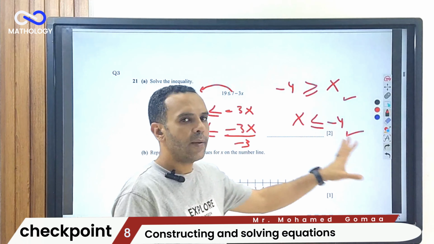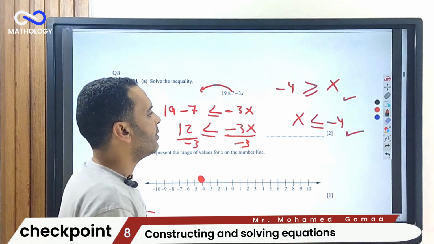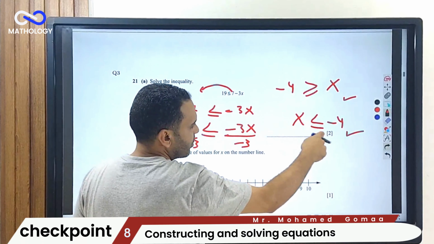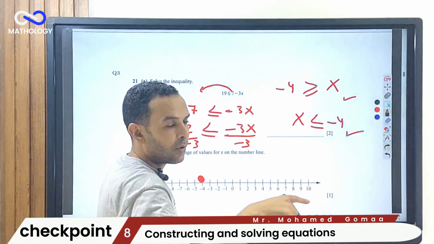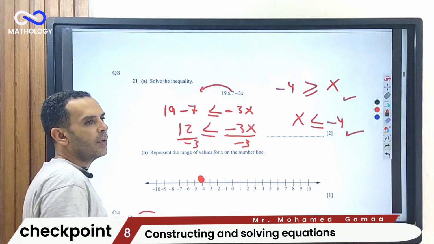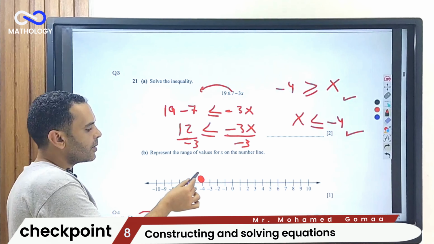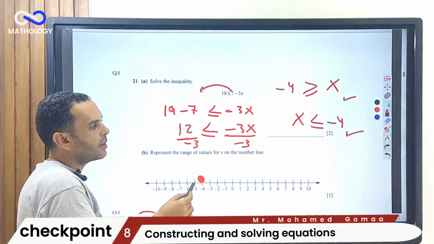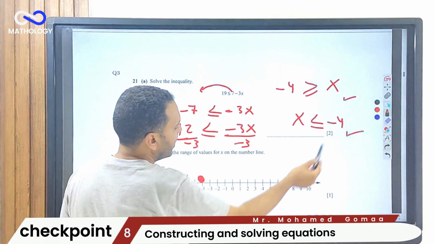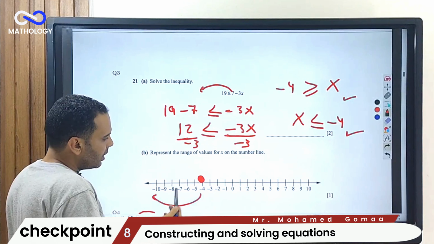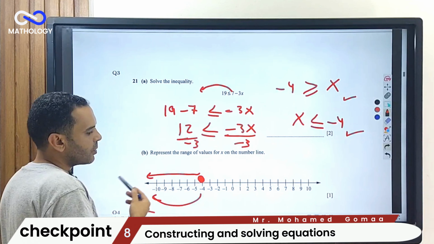So x may be -4. If we have x just smaller than -4, we represent it by an open circle or unshaded circle. Here, closed circle or shaded circle, and x smaller than -4, go to the left, like this one.